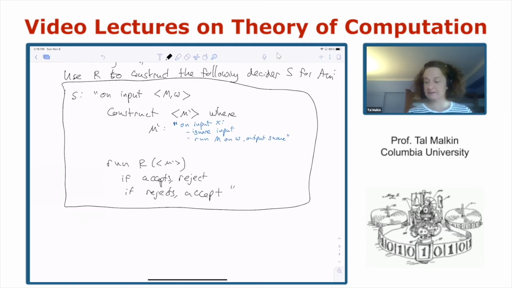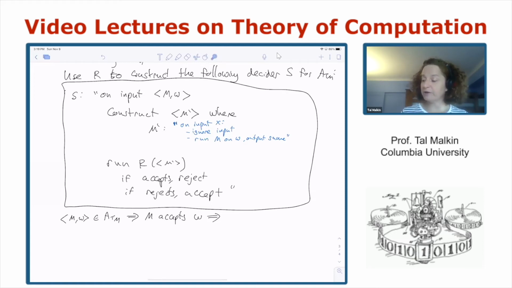So let's see, why is this the case? I want to show that if MW is in ATM, then I accept, and if it's not in ATM, then I reject. So if MW is in ATM, what does it mean? It means M accepts W by definition of ATM. Which means what will M prime do?